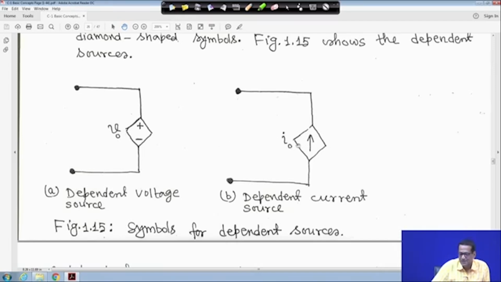Similarly, this current may be a function of some other branch current in the circuit, or maybe a function of some voltage across your circuit. So these are not ideal, these are not constant, these are dependent sources. The symbol is a diamond shape, this is a dependent voltage source, and this is a dependent current source.